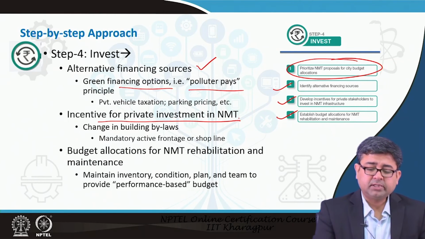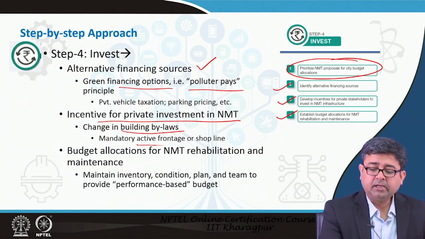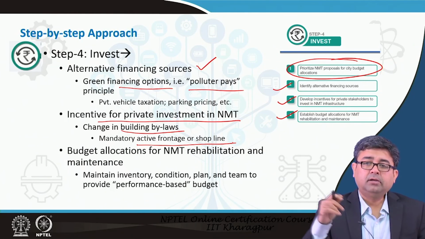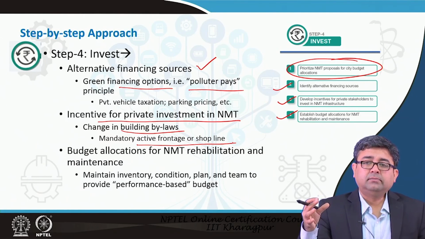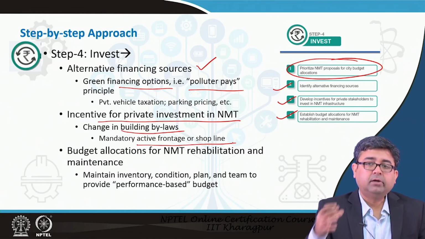For example, you can amend some of the building bylaws and make it mandatory to have active frontage along the front of your building, meaning active facilities, like bicycle tracks or sidewalks.